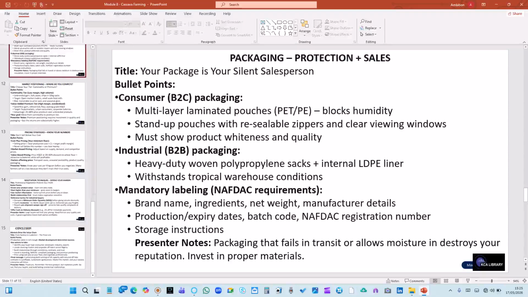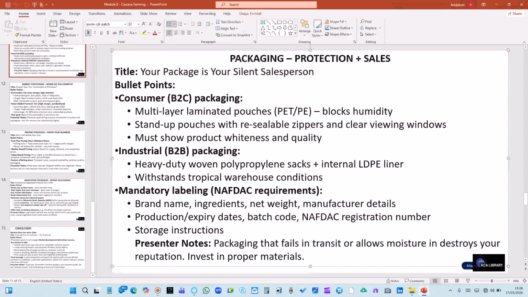Now, for industrial packaging, it must involve heavy-duty woven polythene bags, sacks, and internal LDPE inner liners, which withstand tropical warehouse conditions. Mandatory labeling for NAFDAC requirements includes brand name, ingredients, net weight, and manufacturer's details.